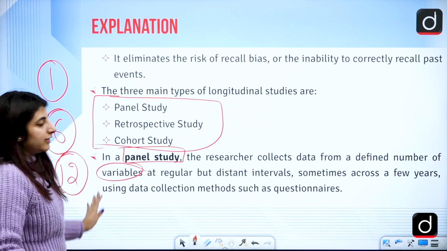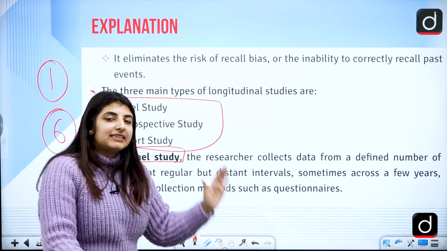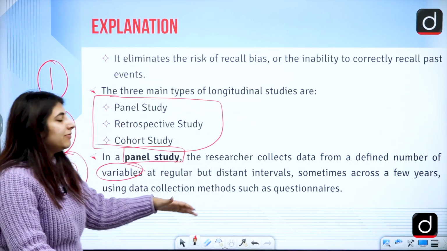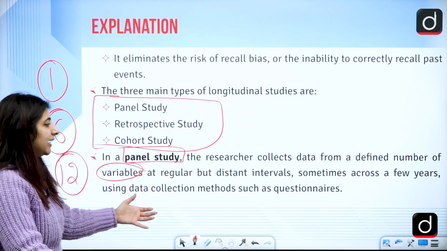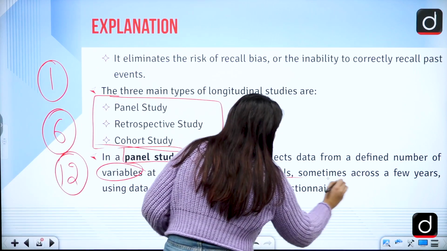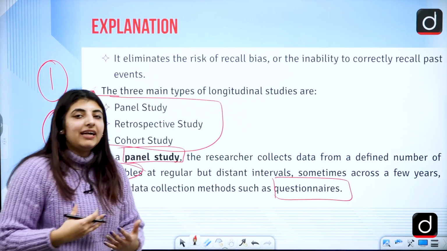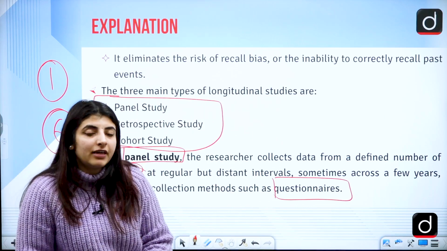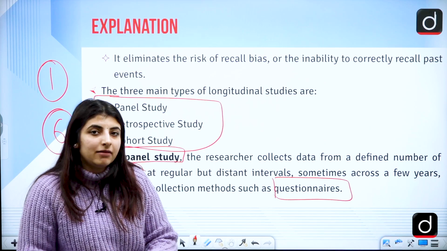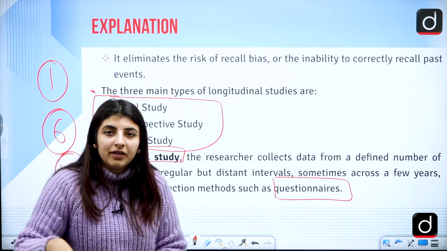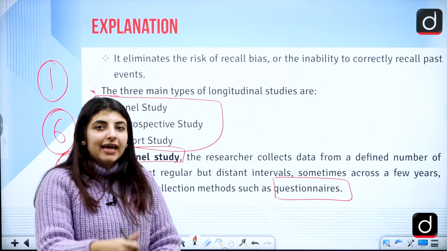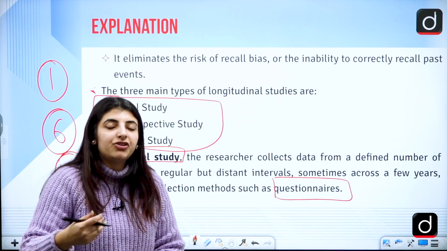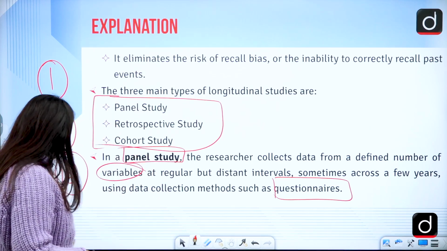So fixed intervals, but distant in time, sometimes across a few years, using data collection methods such as questionnaires. I may have been given a questionnaire 1 year prior, and the same questionnaire was sent to me after 1 year to see if I answer the same questions in the same manner, correct?